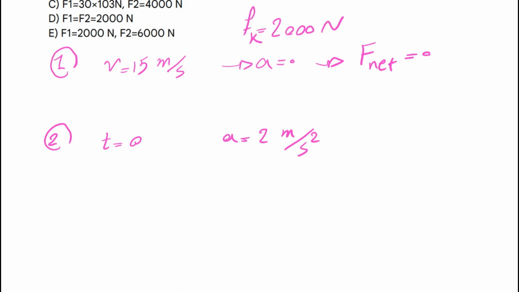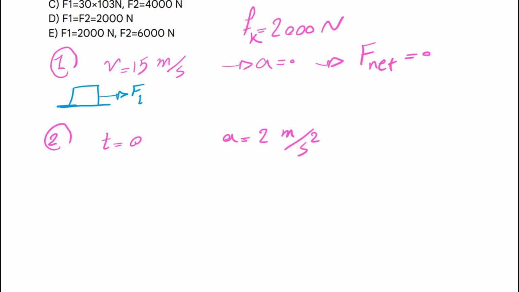For the first segment, constant speed, net force equals 0. The forces acting horizontally are the engine force F1 forward and friction backward, like this.